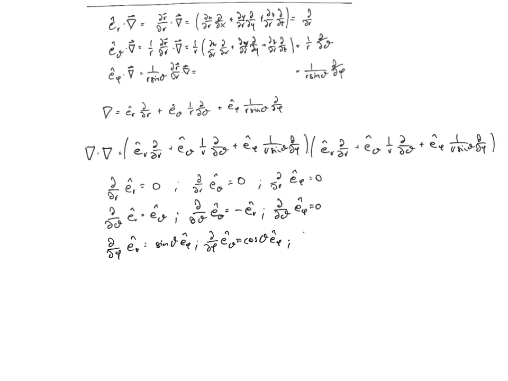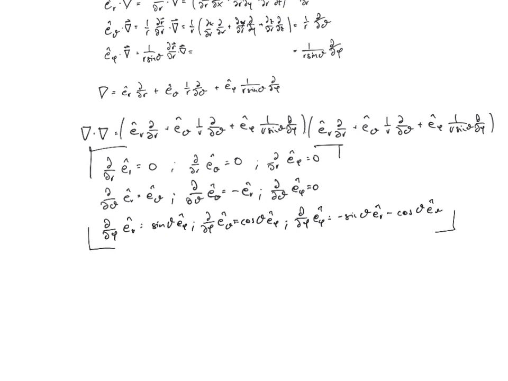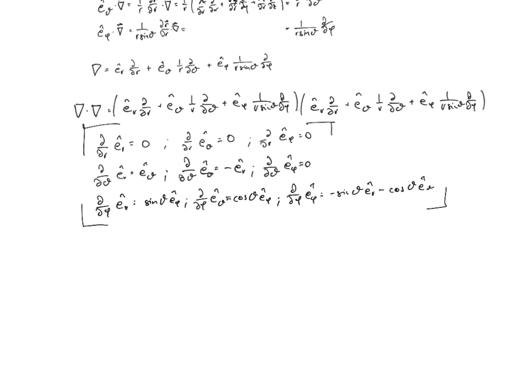And then last but not least, d/dphi of e_phi hat gives us minus sine theta e_r hat minus cosine theta e_theta hat. Okay, so this is our observation here, which we'll now use to write down the full square, the dot product of the Nabla, the Laplacian.